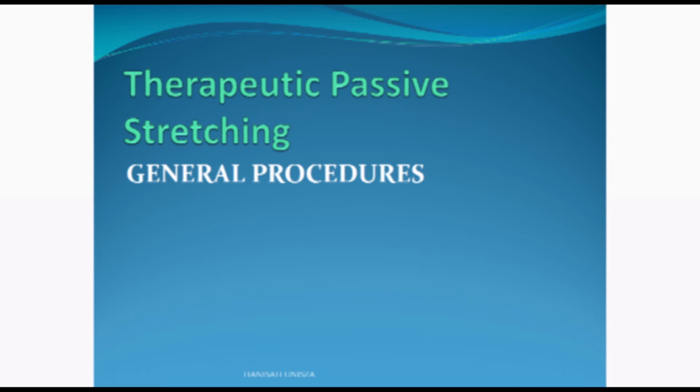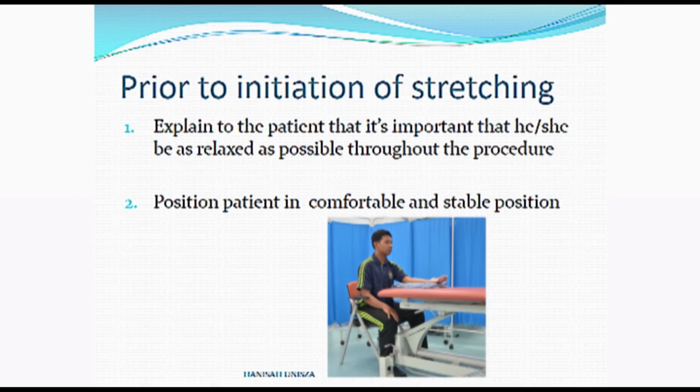Now, we take a look at its general procedures. Prior to initiation of stretching, explain to the patient that it is important that he or she be as relaxed as possible throughout the procedure. Position the patient in a comfortable and stable position.